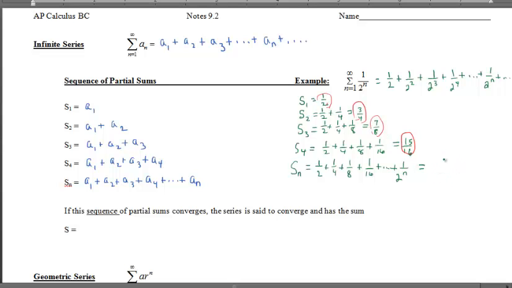What is this expression as suggested by this pattern? Well, it looks like a pattern to me. Let's look at the denominator. If the partial sum number is 1, the denominator is 2. If you have a 2 partial sum number, the denominator is 4. If you have a 3 partial sum number, the denominator is 8 here. 4, 16, etc.